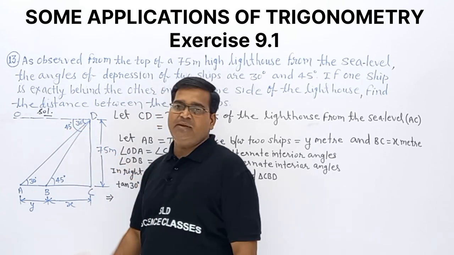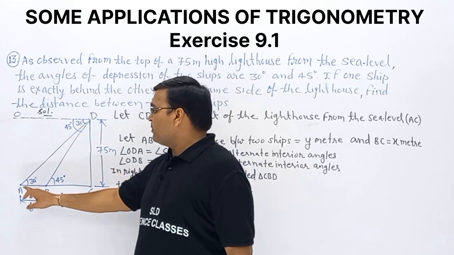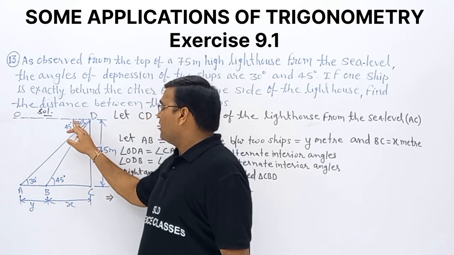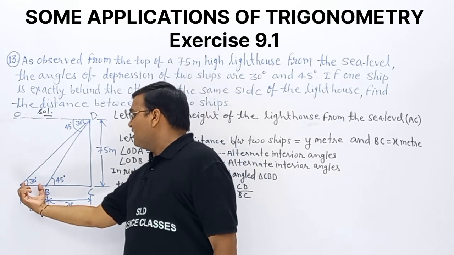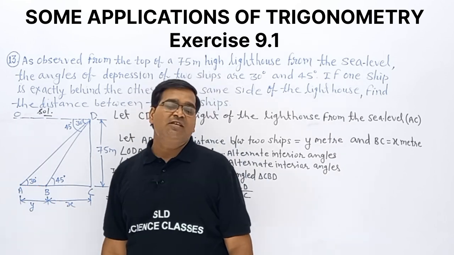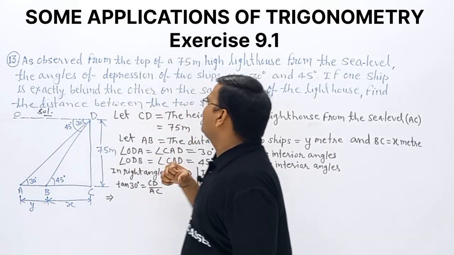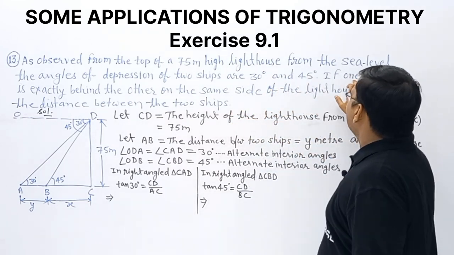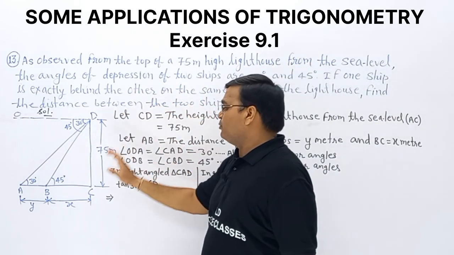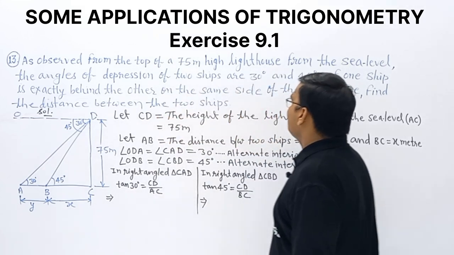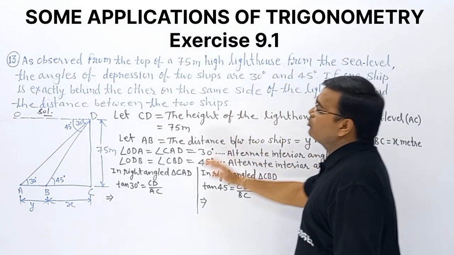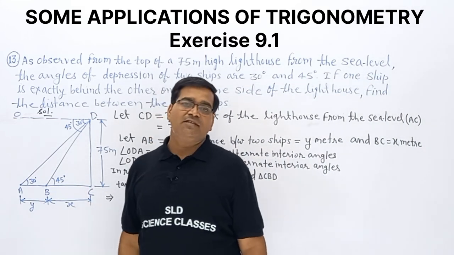One ship has 30 degrees, the other has 45 degrees. We want to find the distance between the two ships, given that one ship is exactly behind the other on the same side of the lighthouse.